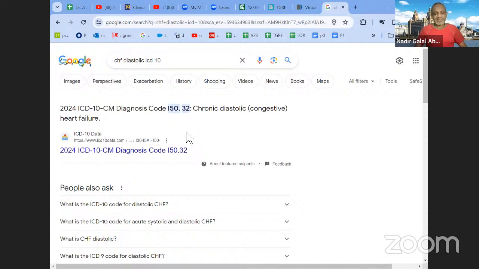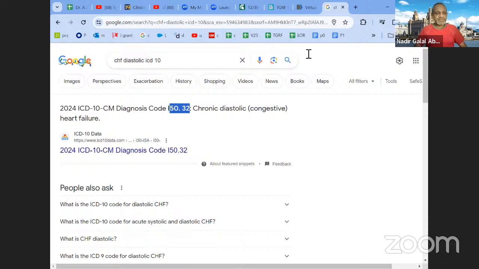Thank you, Dr. Ahmed. So as Dr. Ahmed mentioned, for congestive heart failure, for example, there's diastolic, systolic, or combined. So if you want to be specific, you can specify that. And each one will have its own code and so forth. So it depends on the practitioner, as Dr. Ahmed mentioned.